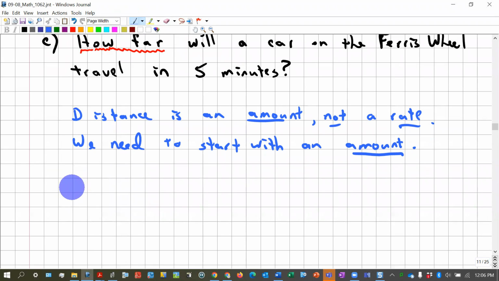And the facts that we know is that the radius is 30 feet, that 1 revolution takes 70 seconds in this particular problem. And we know that the time is 5 minutes.